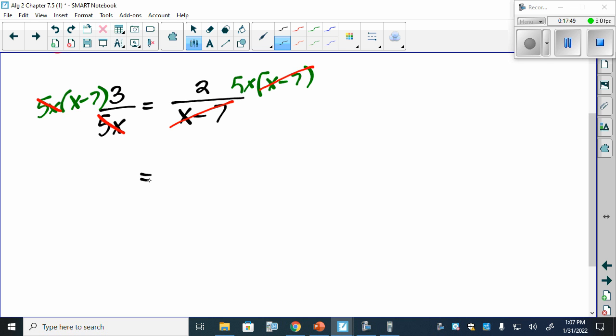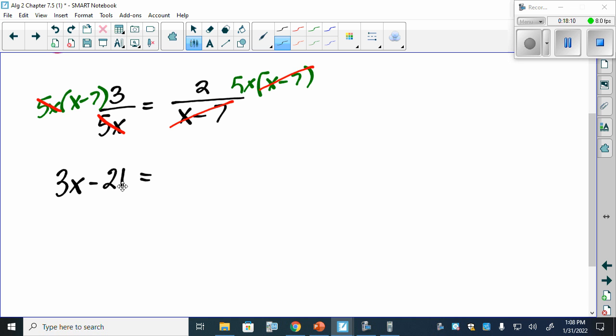And now we just need to multiply what we have left, yes? So what are we multiplying the 3 by? X minus 7, yes? What's 3 times x? 3x. Minus 3 times 7 is 21.